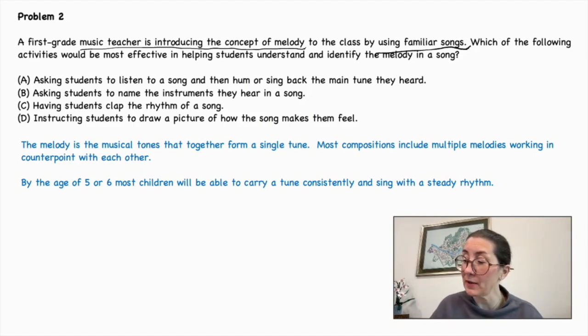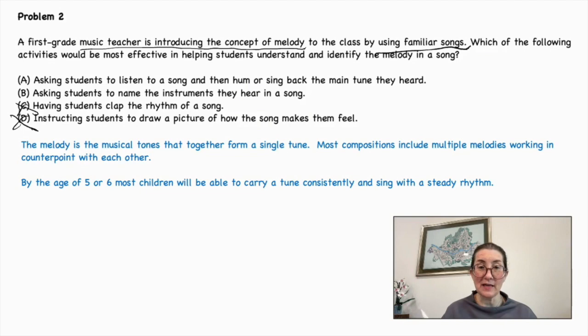Instructing students to draw a picture of how the song makes them feel. That is a good project for the students, but that's not going to help them with learning the concept of melody. So that is not the correct answer. Having students clap the rhythm of a song, that's great for learning the rhythm, but not for the melody.